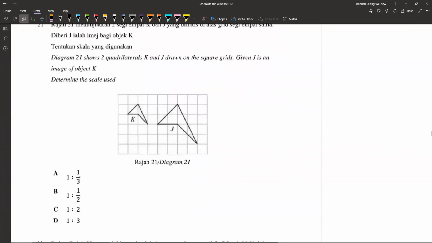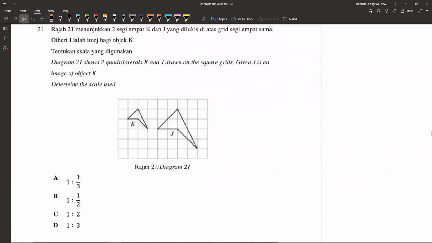Question 21. I have two quadrilaterals, K and J, drawn on the square grids. J is the image of object K. So I want the scale factor. So just use length of image over length of object.